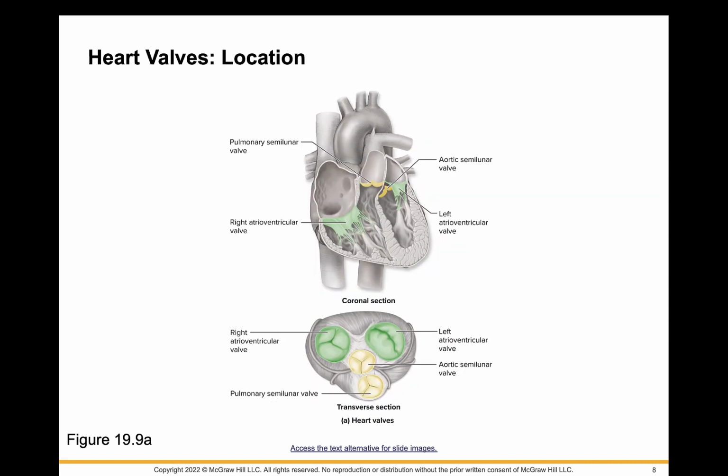One structure that is internal that I do want to put an emphasis on are the valves. This was addressed earlier, and the general job of a valve is to make sure that a fluid is moving in a single direction. This is what I said earlier with respect to the function of the heart. What the heart does is generate pressure.